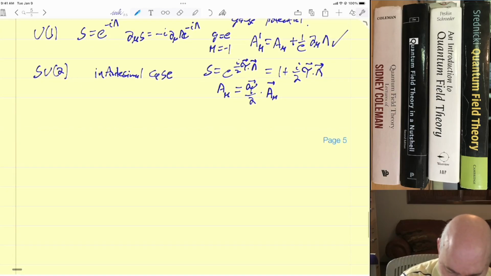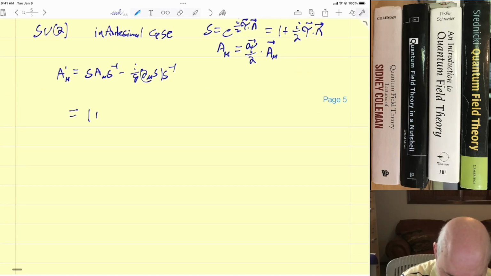So now we have, once again, A prime mu equal to S A mu S inverse minus i over g partial mu S S inverse.